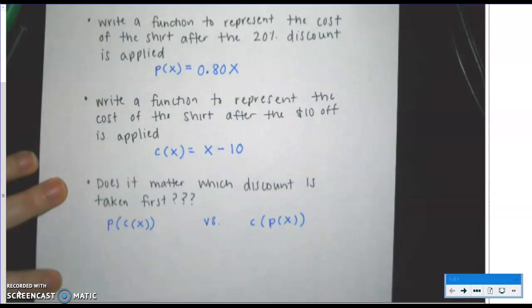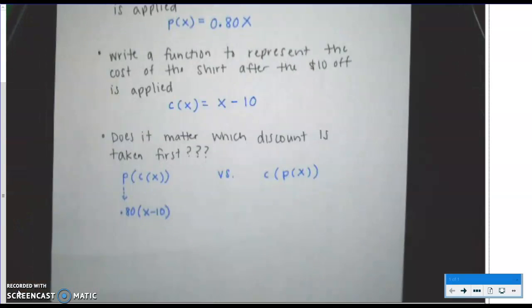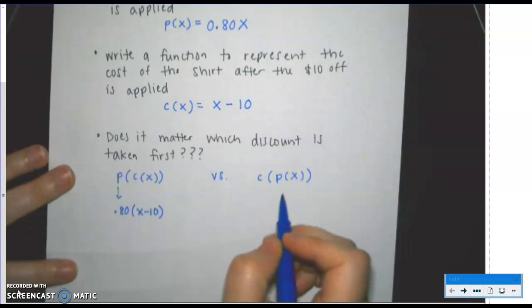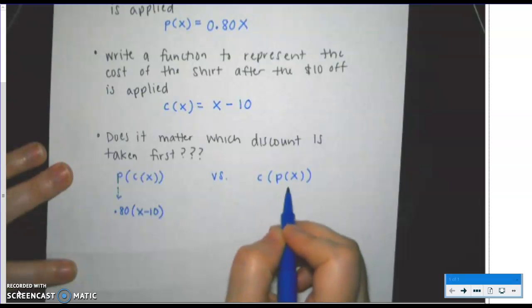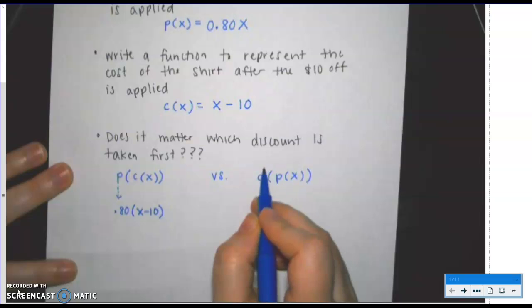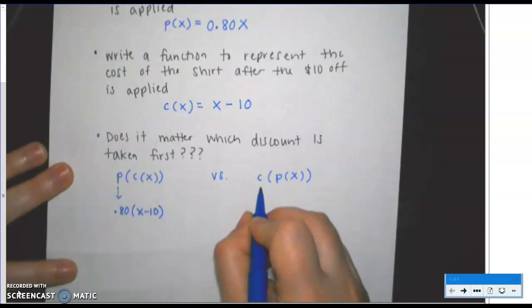You're just putting one equation inside of the other equation. So this time around, I'm putting the x minus 10 inside of the 0.80x. So I'm going to write my 0.80x, but instead it's the x minus 10 function. All right, versus the 20% off coupon getting plugged into the x minus 10.